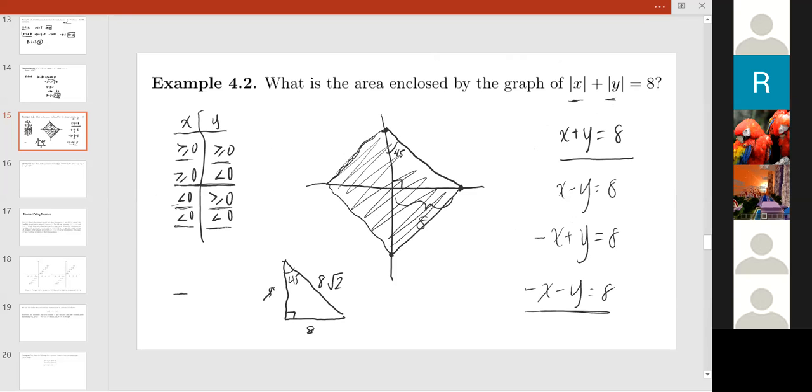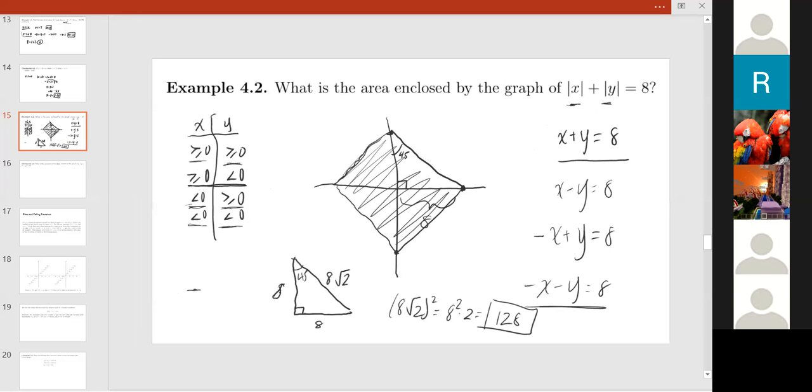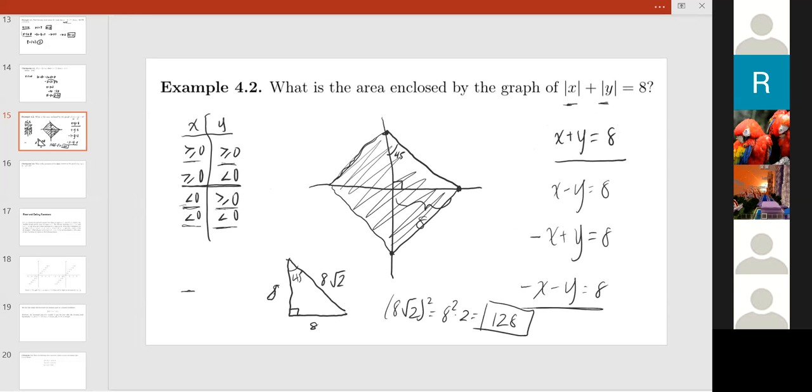Since we have the side length of the square, the area is just 8 root 2 squared, which is 8 squared times 2. That's just 128. So that's the area enclosed by your graph.